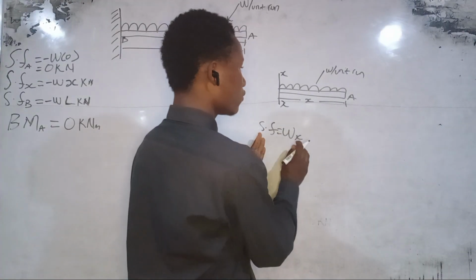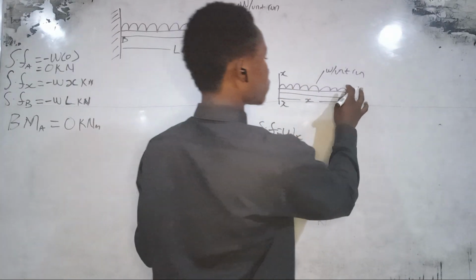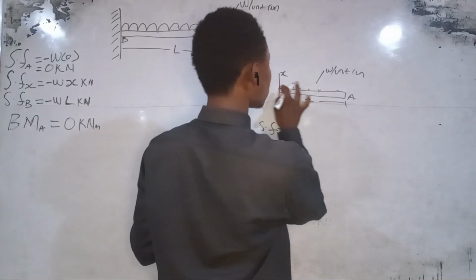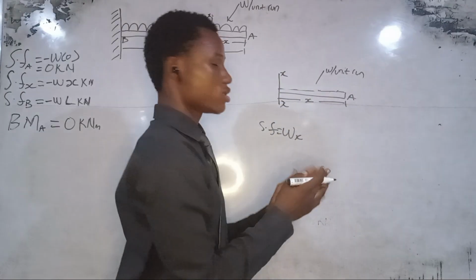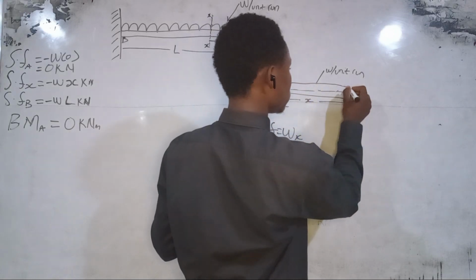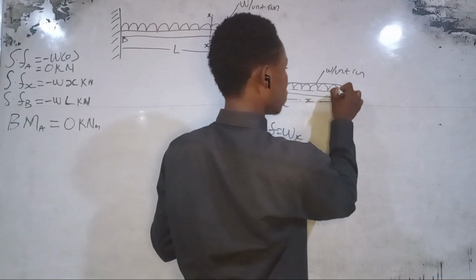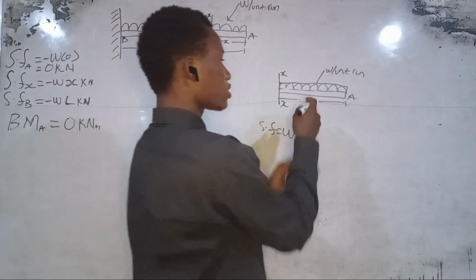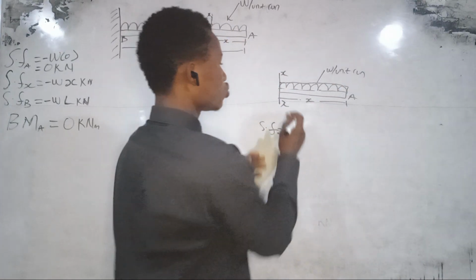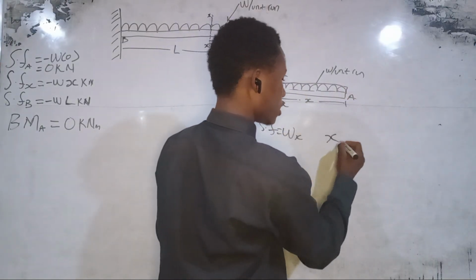After getting our shearing force, W times X, we have to find the centroid. The way to find the centroid is to imagine that this load is in the form of a box, a rectangle, something like this. The centroid of a rectangle will be the total length divided by 2, that is x over 2.